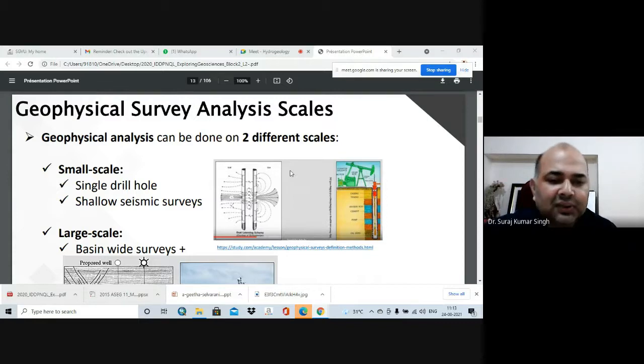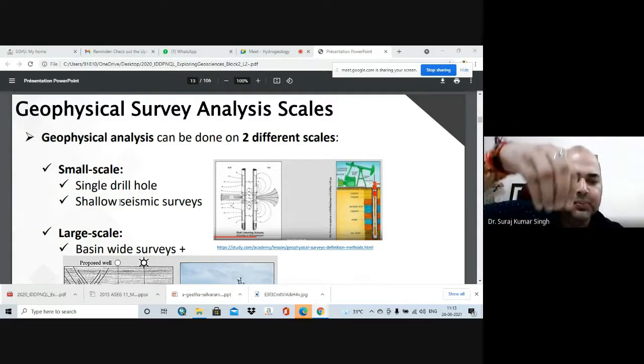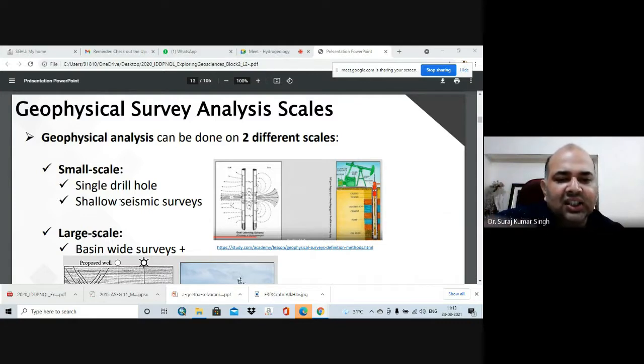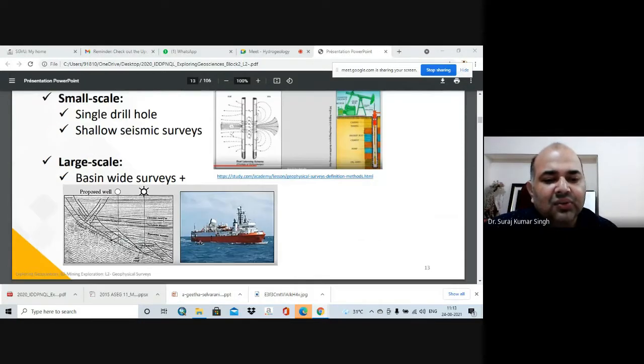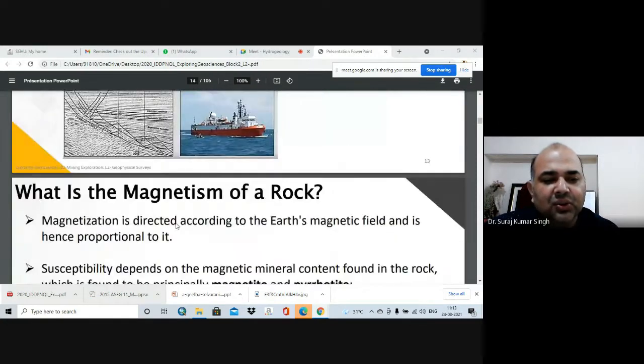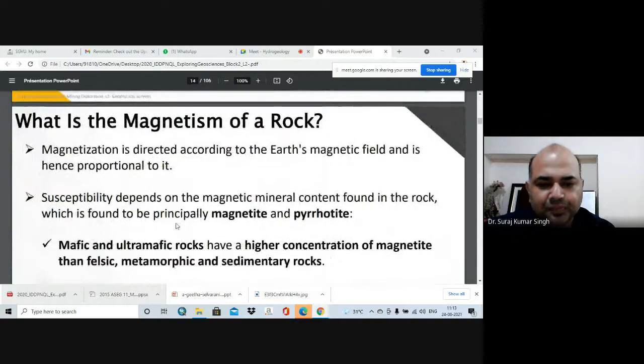When we are talking about small scale, we are talking about a single drill hole, localized to a particular point, where you will be taking the samples, whether you are drilling or going for a seismic survey. The other one is a basin-wide survey, where a large area has to be investigated, using various properties of the rock for identification of those resources.